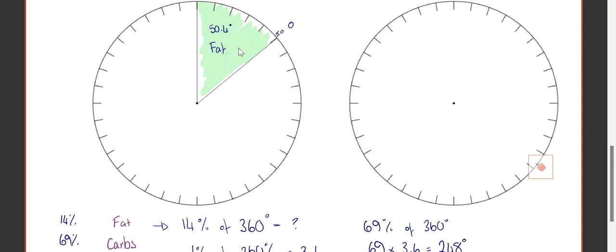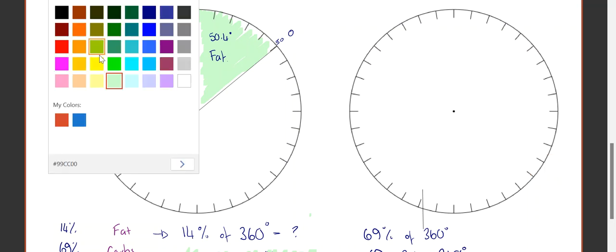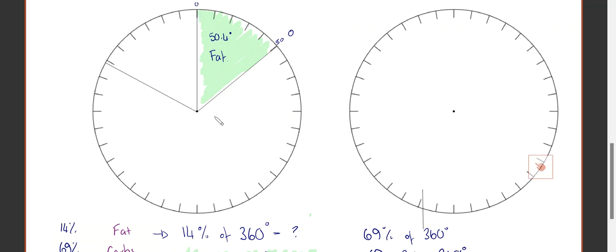The reason I know yours must be wrong: you start at 0, 10, 20, 30, and so on up to 180, 190, 200, 210, 220, 230, 240, 250. I'm just roughly measuring, but it should go all the way around there. It's got to be way more than half.